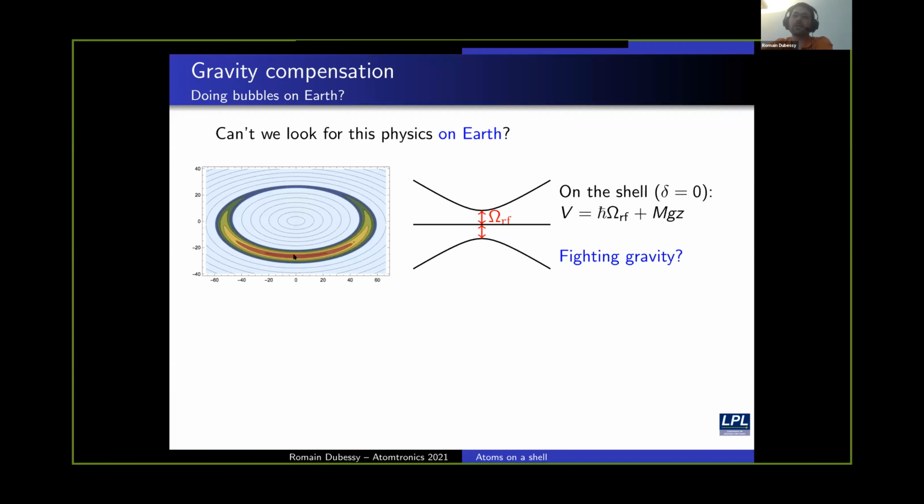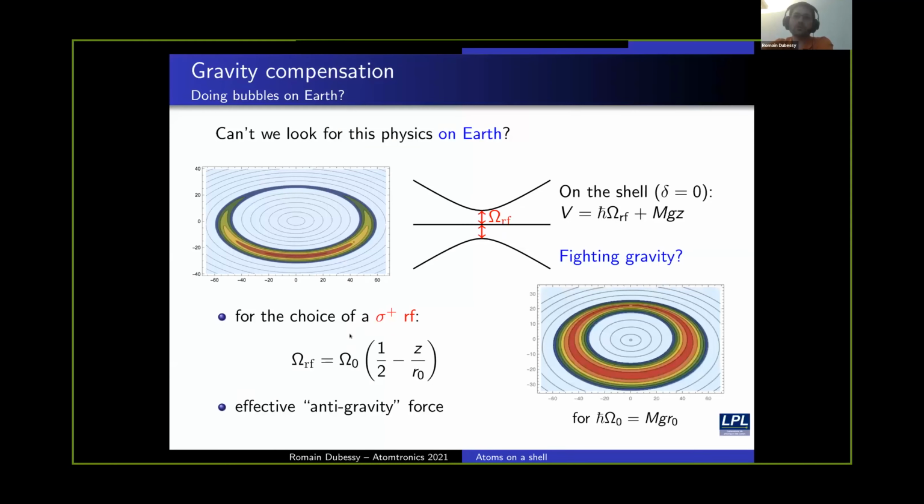And the idea would be to fight against this force that pulls the atoms towards the bottom of the trap. And it turns out that if we choose a circularly polarized RF field, and if we assume that the atoms follow the surface of the bubble, then this magnetic field coupling is written like this and is exactly opposite to gravity, with a kind of anti-gravity effect.